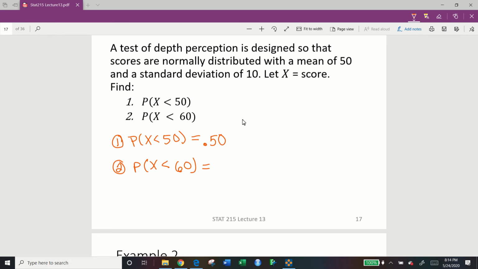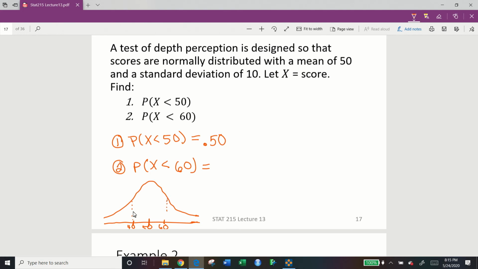I'm going to recommend that we draw out the normal distribution. Sometimes that's going to help us figure out the problem. So I'm going to approximately draw our normal distribution. We have our 50 at the center, and 1 standard deviation over, we have 60, and 1 standard deviation to the other side, we have 40.